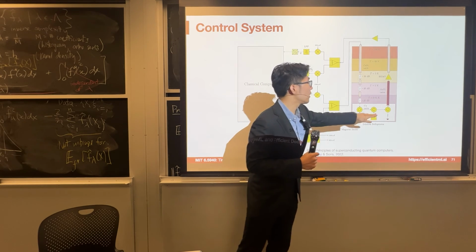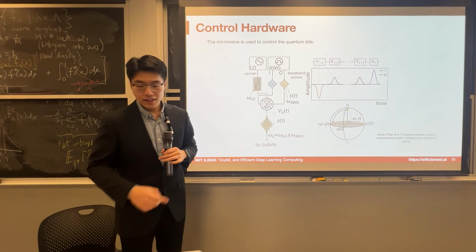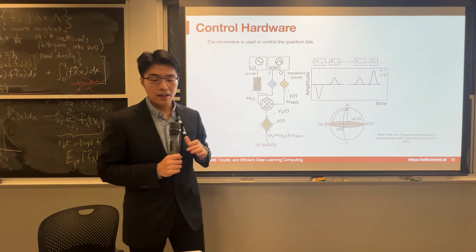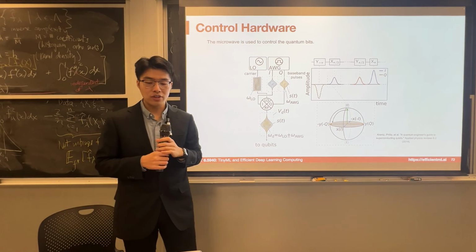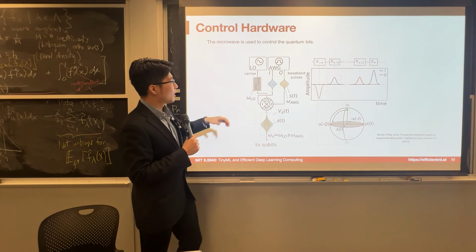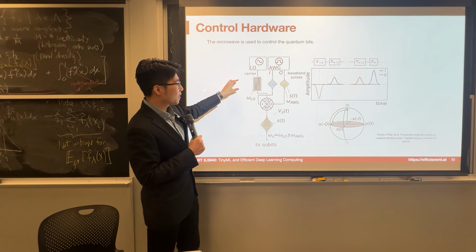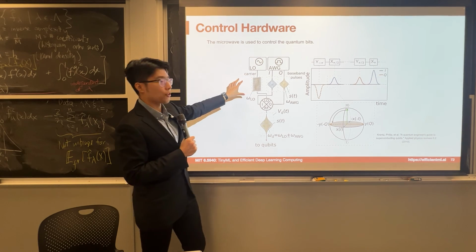And then we send the information back to the classical computer. Here is actually detailed information about the control signal we are generating for each of the qubits. Here we can see there is an omega LO, which means it's a carrier frequency, right?